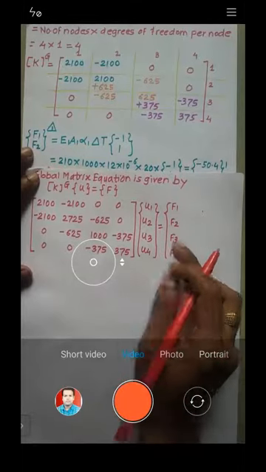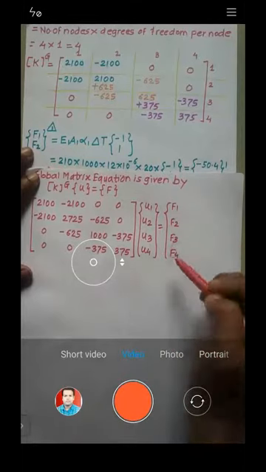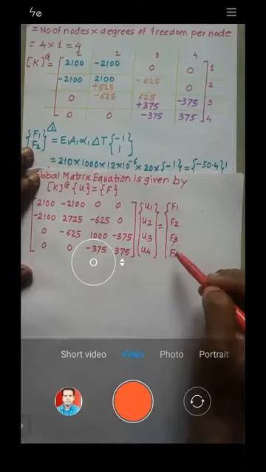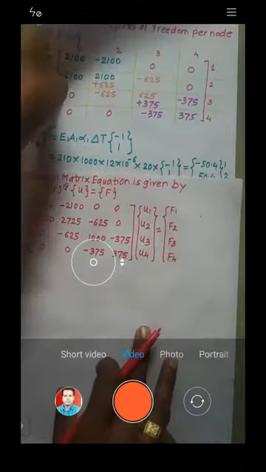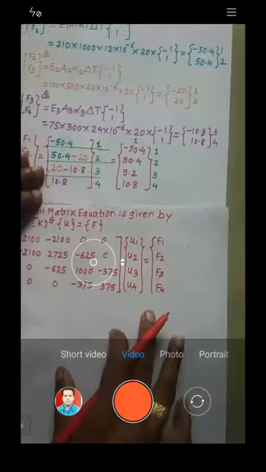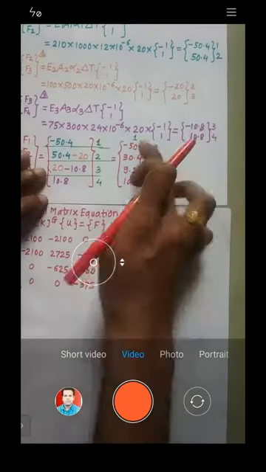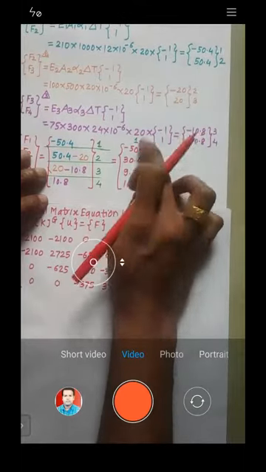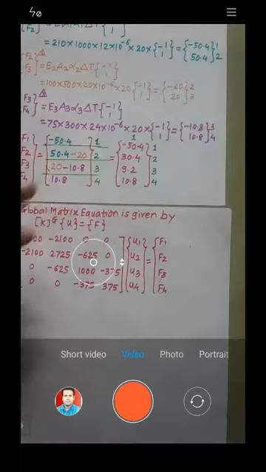These are the forces which are applied at the nodes. But in addition, we have just calculated the forces which are induced due to thermal load. We need to write down those forces here.